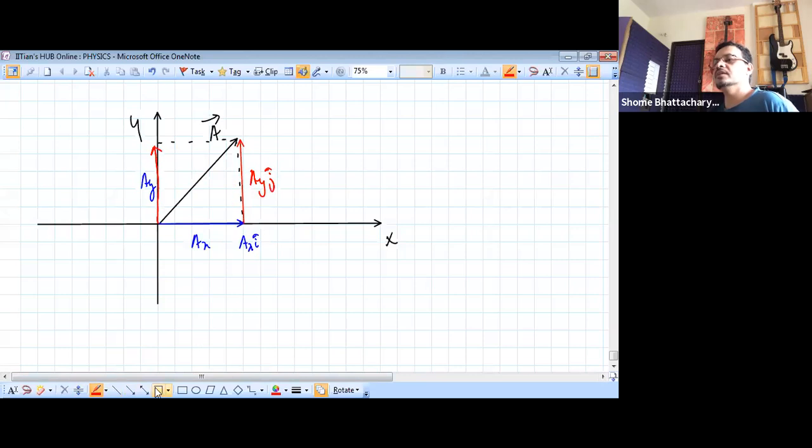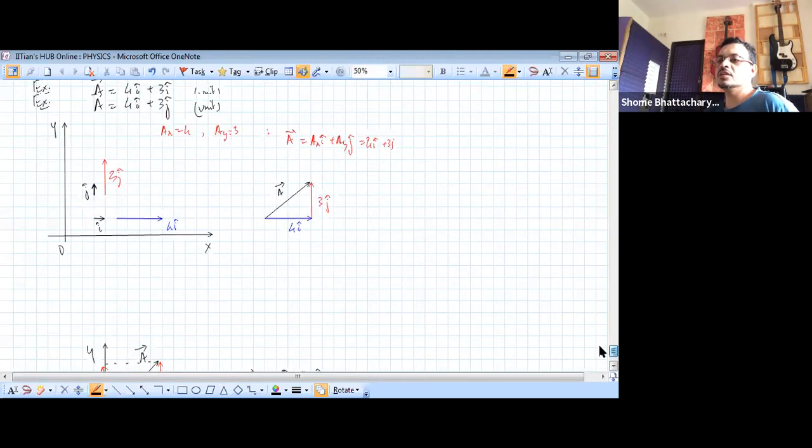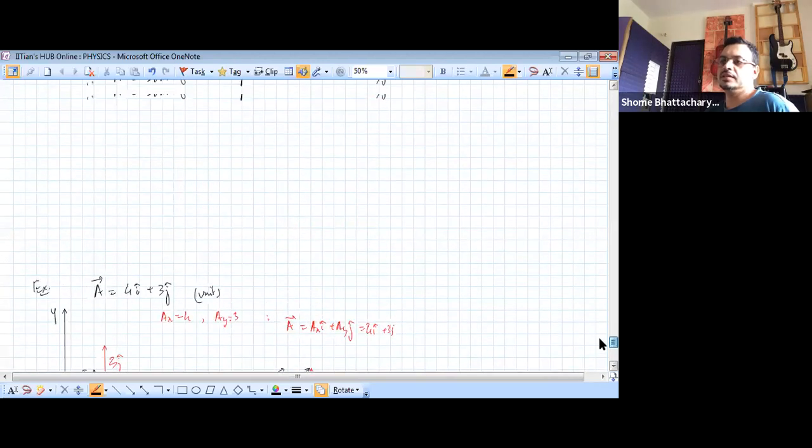And that is why the vector A is becoming the sum of the vectors Ax i cap plus Ay j cap. So this is the geometrical meaning of the components. जब हम वेक्टर को दो components के terms में लिखते हैं, so what is the meaning of those components?